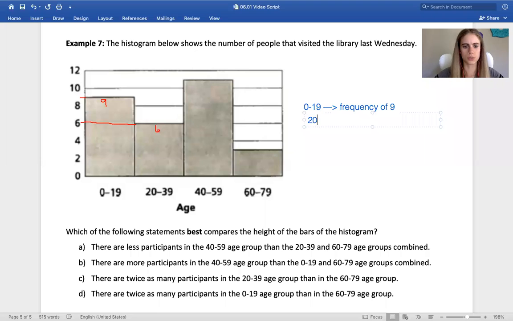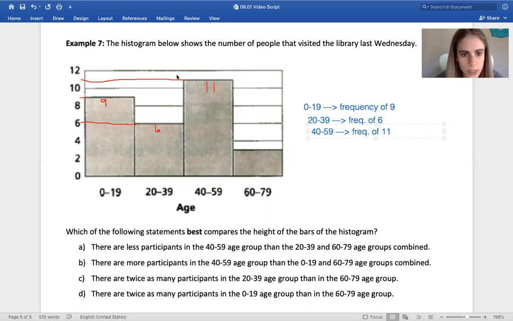So the 20 to 39 has a frequency, I'm just going to abbreviate that, of 6. 40 to 59 looks like that'd be 11. So 40 to 59 has a frequency of 11. And last but not least, 60 to 79 looks like it's at 3. So 60 to 79 has a frequency of 3.